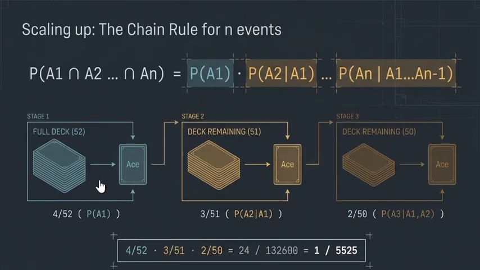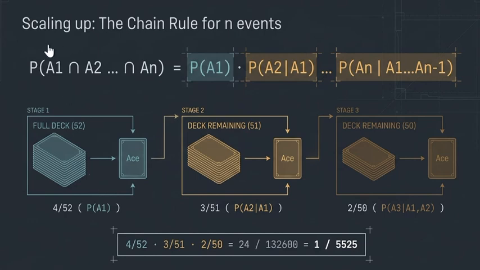Now, next thing is the chain rule of n events. This formula I told you just 1 minute ago: probability of A1 intersection A2 intersection till AN is equal to probability of A1 into probability of A2 given that A1 has occurred, and so on. Now let's take an example of a deck of 52 cards and draw 3 without replacement. What is the probability that all 3 cards are aces?